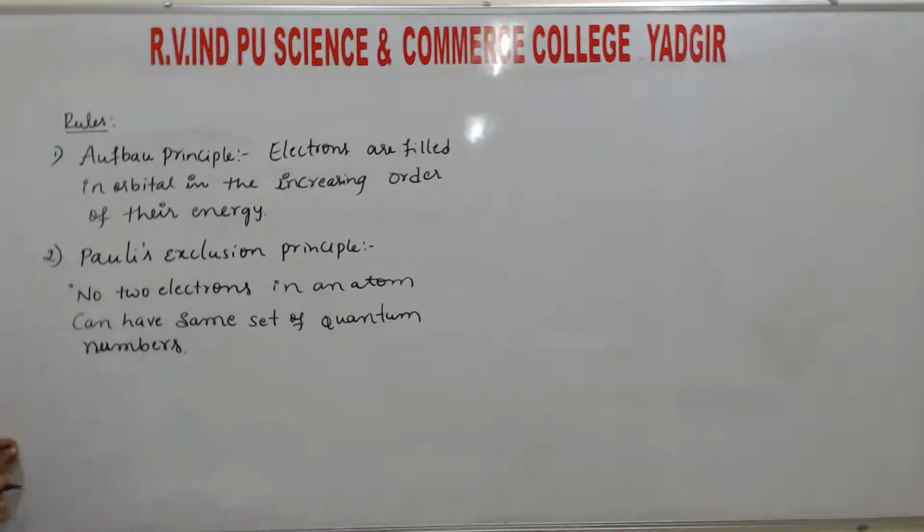Okay, no two electrons in an atom can have the same set of quantum numbers.